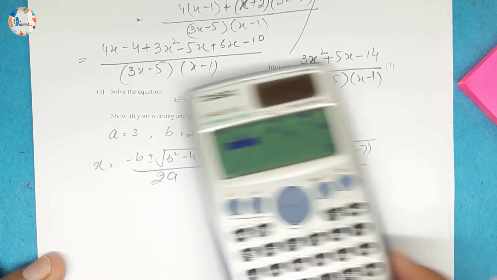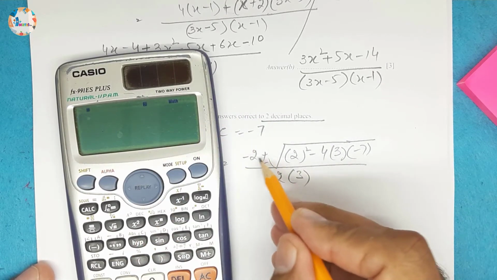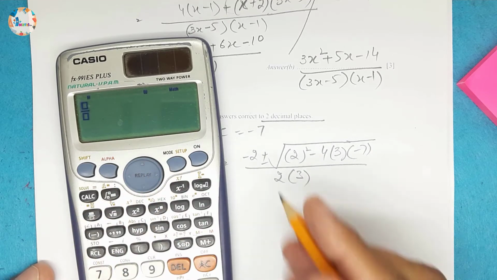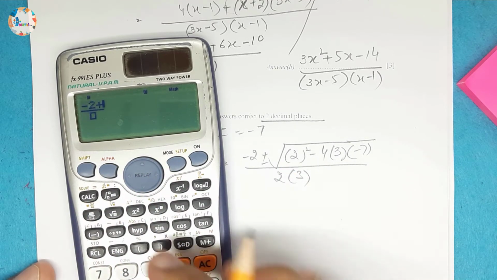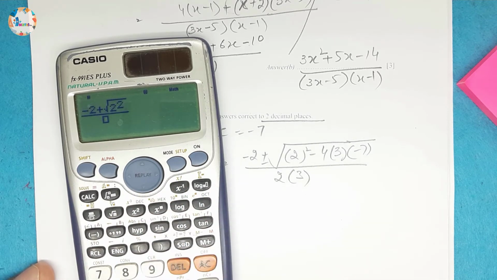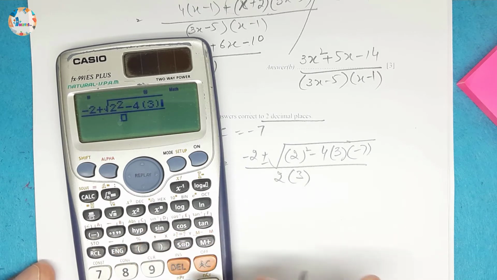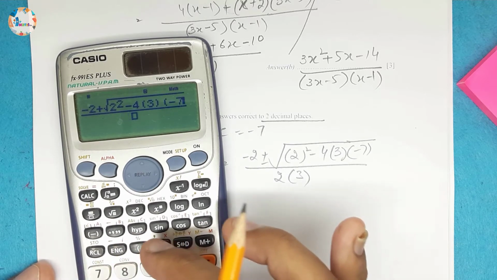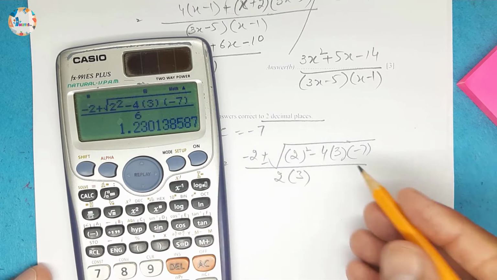Now we can use the calculator, typing the plus value first, then calculating the negative value. So minus 2 plus root of 2 squared minus 4 into 3 into minus 7, divided by 6.